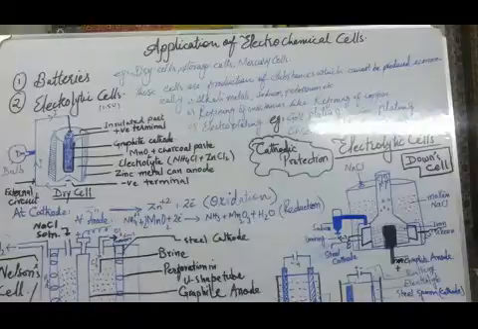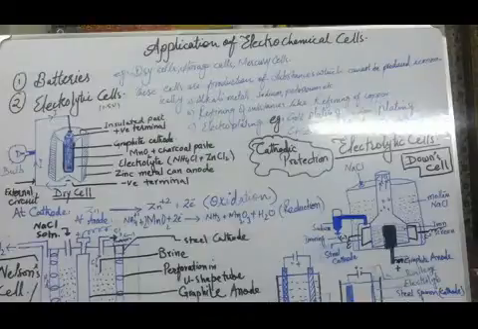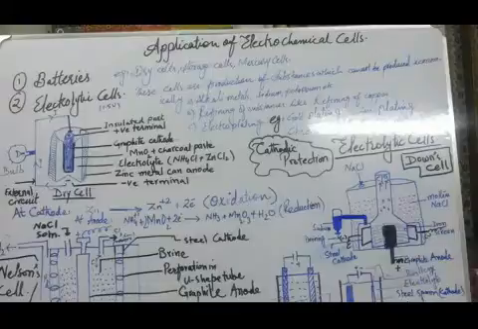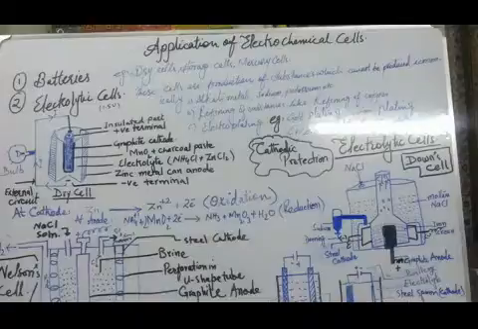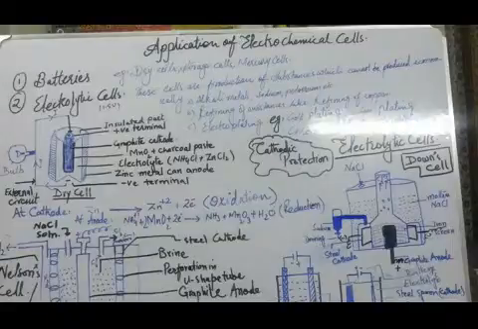The cathode is pasted with manganese dioxide and charcoal, which is activated carbon, and an electrolyte is placed that consists of ammonium chloride and zinc chloride. At the cathode, oxidation takes place. As a result, zinc changes into the zinc ion with the liberation of 2 electrons.